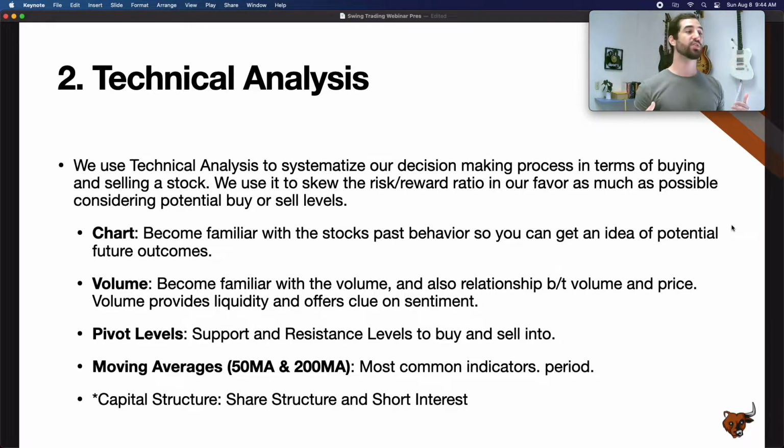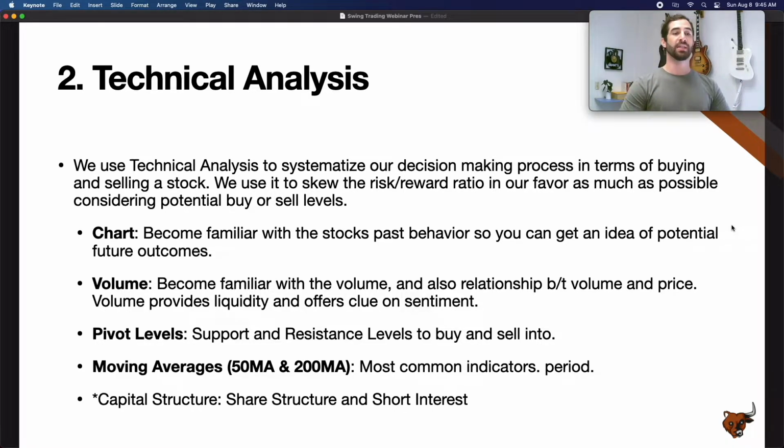Okay, so that's something that we want to be aware of, because when we're opening our trade and we're executing, we don't want to be caught off guard. So for example, if the stock has a sudden violent movement that we didn't contemplate in our trade parameters, or if we go into a stock and the stock is taking a long time to move, we want to understand that from the beginning, set our expectations straight, and have the patience for that stock to actually develop and make the move that we're looking for.